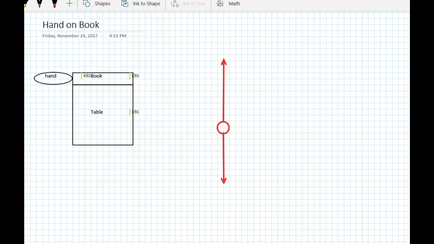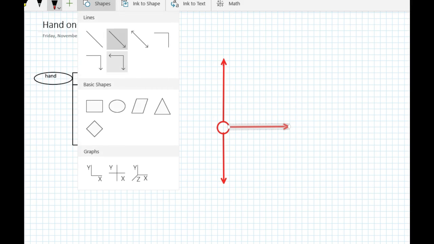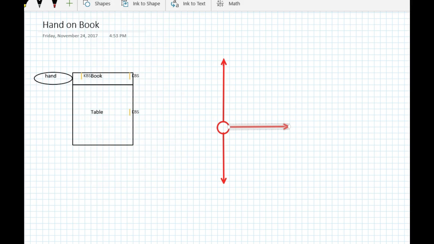Now, here's a new force this time. We have an applied force. We have a hand pushing on the book. The book's not moving. So why isn't the book moving? Well, if you remember from all the forces we've been studying, contact forces, we know that contact forces always come in pairs.